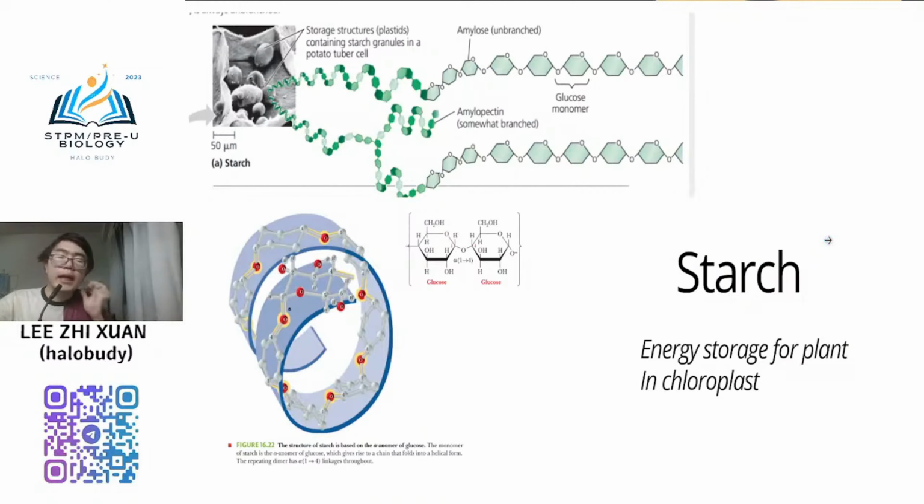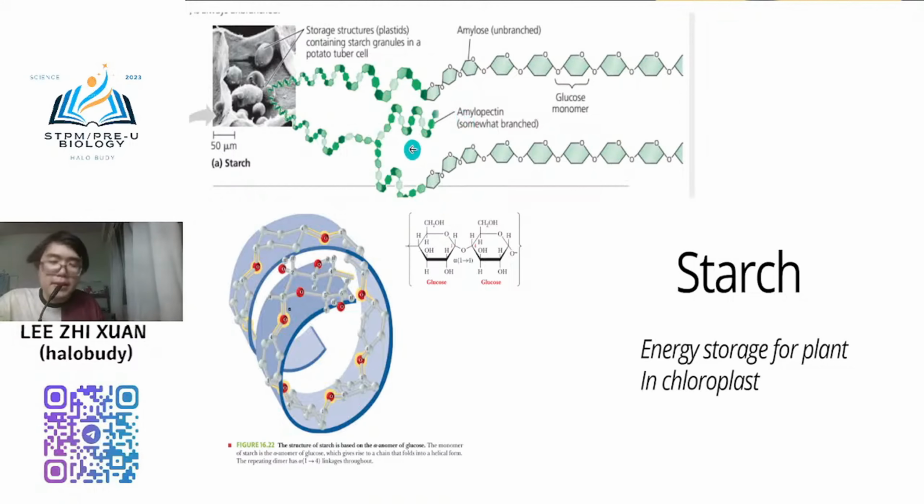Okay, so yeah, this one is starch. Compare the difference between starch and glycogen: it is their branch structure. Starch is not a highly branched structure. The main structure of the starch is amylose rather than amylopectin.